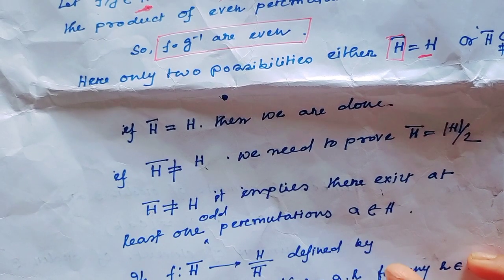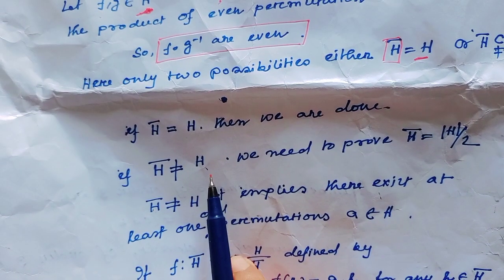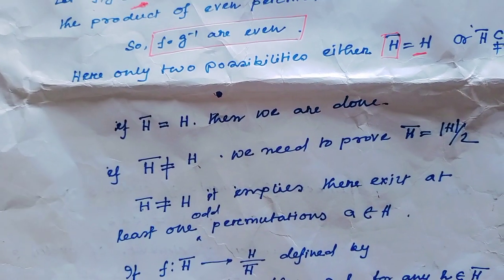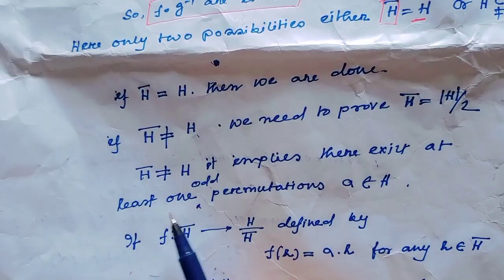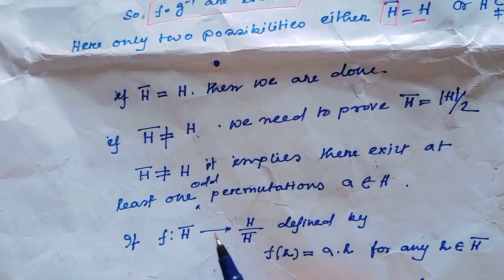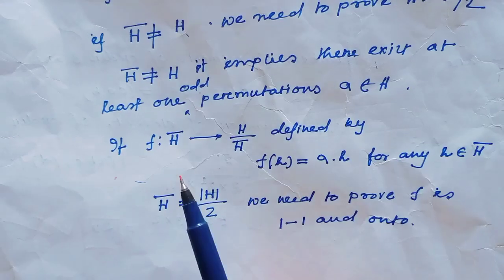Actually we have to prove if H bar is not equal to H, then exactly half the members are even permutations. H bar not equal to H implies there exists at least one odd permutation sigma belonging to H.